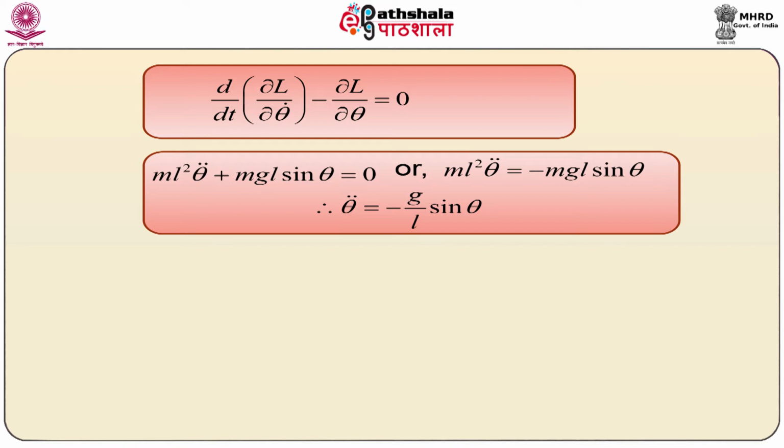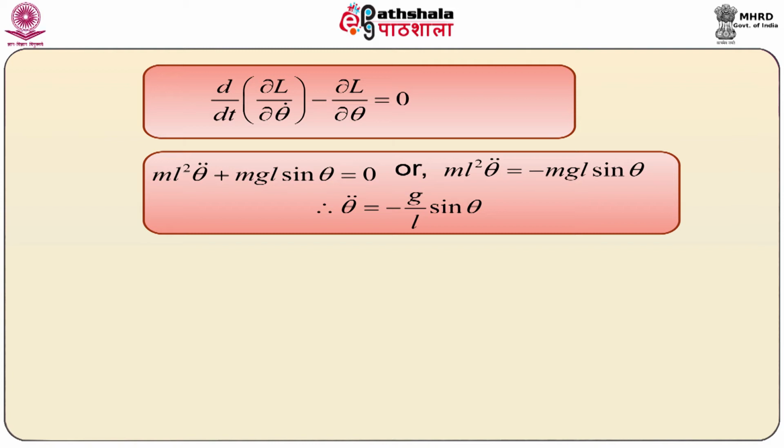If we calculate del L del theta, we get minus mg L sin theta, and del L del theta dot gives m L square theta dot. Substituting here and taking the ordinary derivative with respect to time t, we get m L square theta double dot plus mg L sin theta equal to 0.